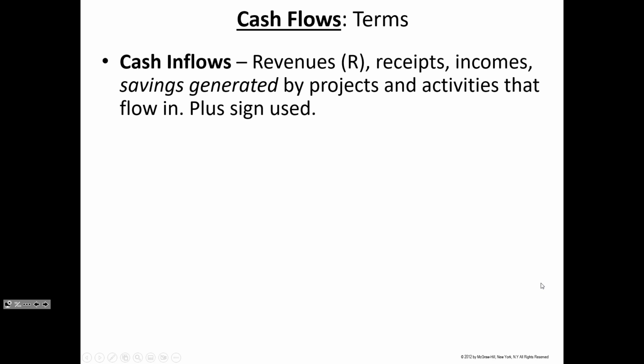And the money that you get, sometimes in a problem statement, would be described as revenue or receipt or income. All of those things are money that's coming to you. And then this word savings is kind of a tricky word that you have to be very careful about.